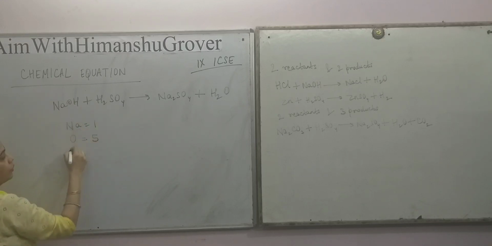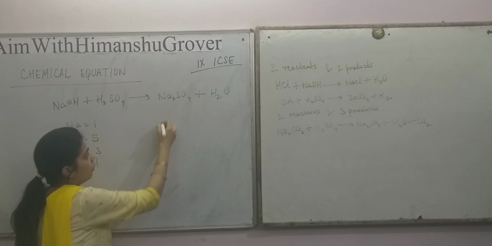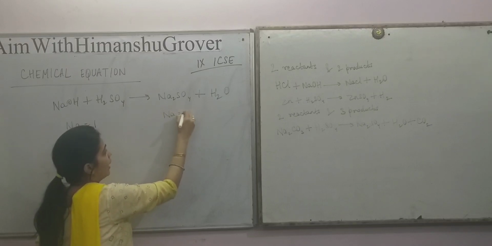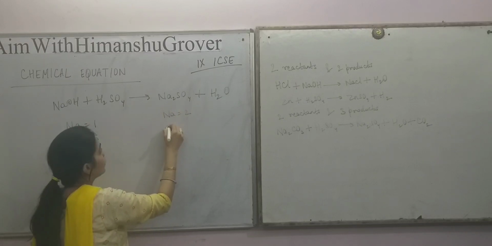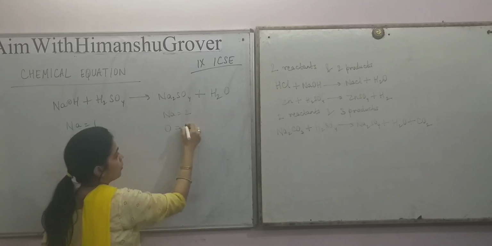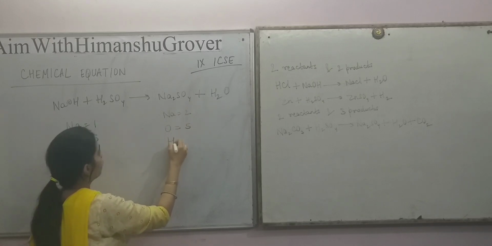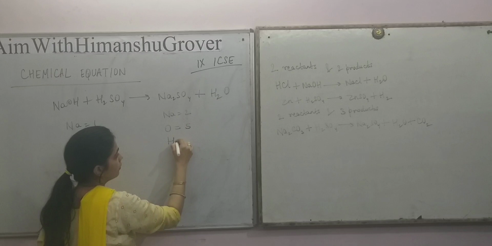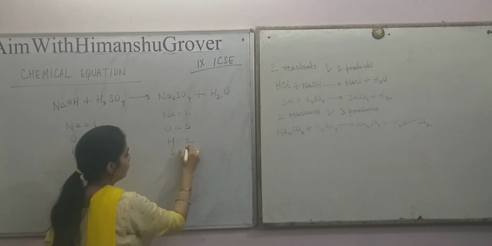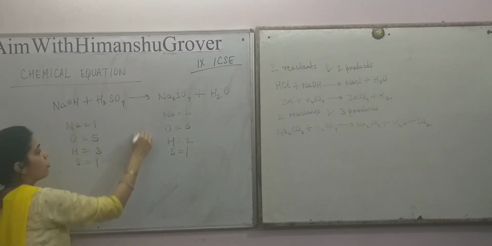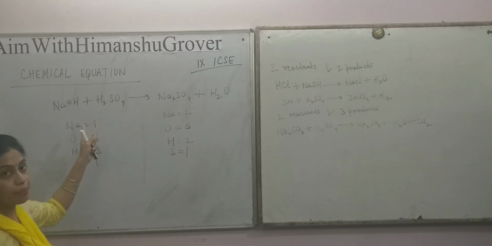Hydrogen atoms 1 plus 2, 3 and sulfur atom is 1. On the product side, sodium atoms are 2, oxygen atoms 4 plus 1, 5, hydrogen atoms 2 and sulfur atom 1. First of all, we have to make sodium balanced.